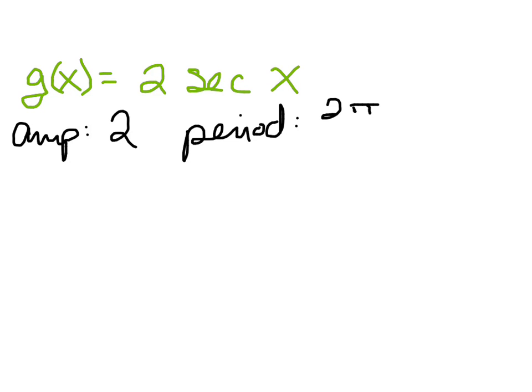Two pi over 1, because there is no number in the b spot. This is where the b should be. If there's not a number there, it's understood to be a 1. So our period is 2 pi. Notice, no shifting. What if there would have been? Then we would have also said left or right, up or down.